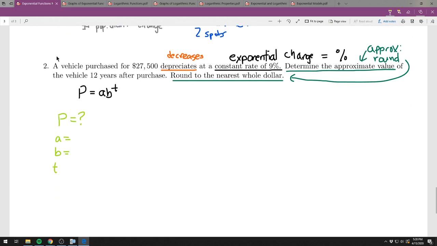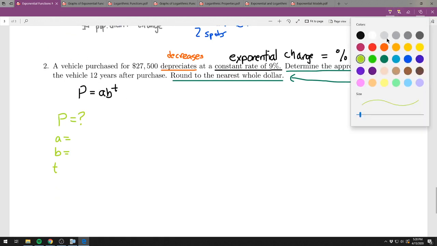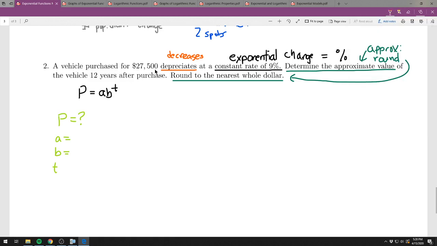And if you think about initial value, that's going to be how much you paid for it. It's initially valued at $27,500. And that is what A represents. Now B has to do with the percentage changing and how it changes like last time. We start with 100%.